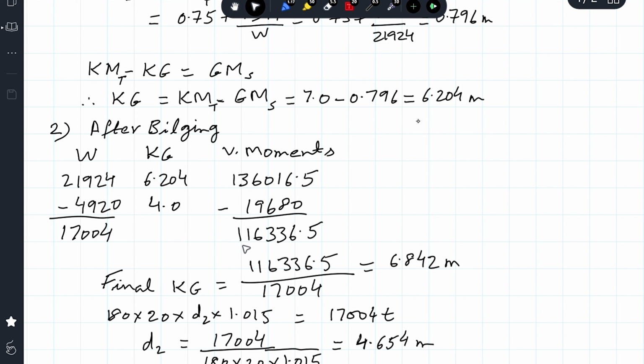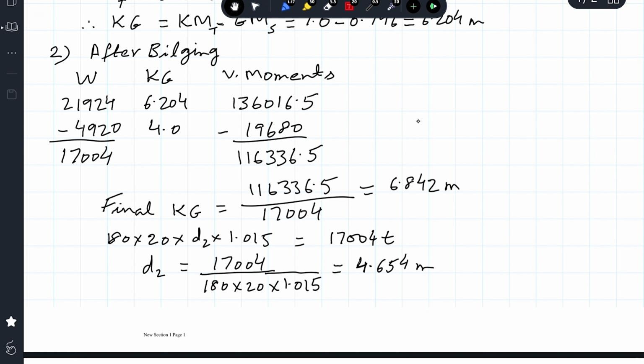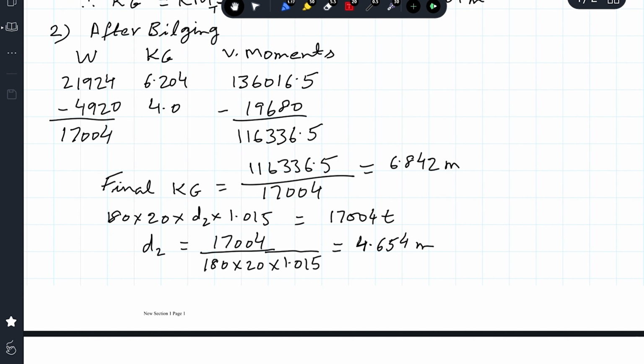And the KG will be these final vertical moments upon final displacement, which gives final KG 6.842. Now this data will be used as the data for calculating our stability due to bilging.